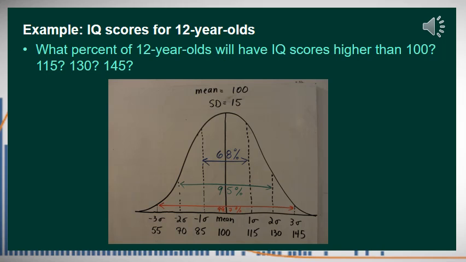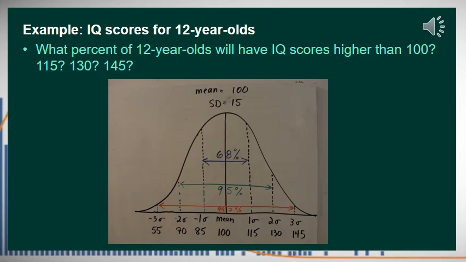So if I look at this bell curve, the same bell curve, and I remember that the entire area below the curve includes a histogram, and this represents all kids, 100% of the population. How many percent of kids have an IQ higher than 100? It's exactly half of them, 50%.